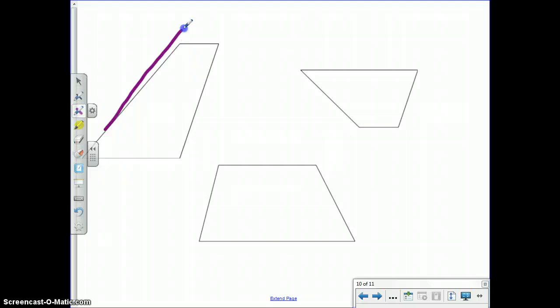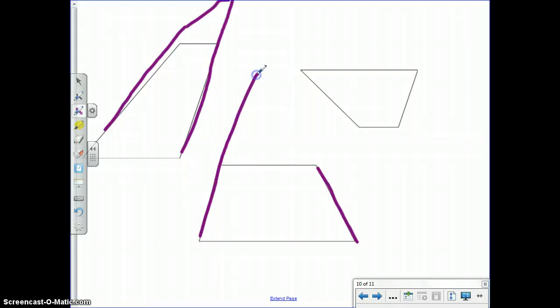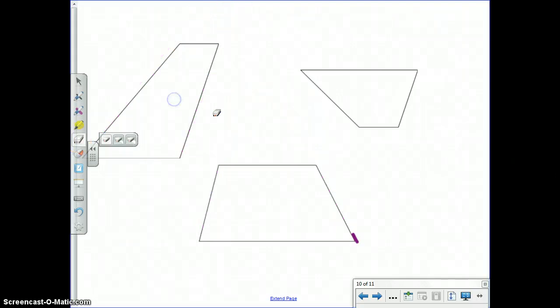We have this side and this side that would eventually cross over if it kept going. Same thing here. So trapezoids can look all different. Notice how these shapes look different, but they're all made up of only one set of parallel lines, so they are all considered trapezoids.